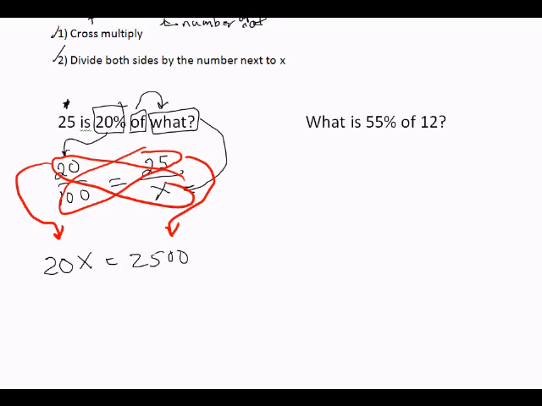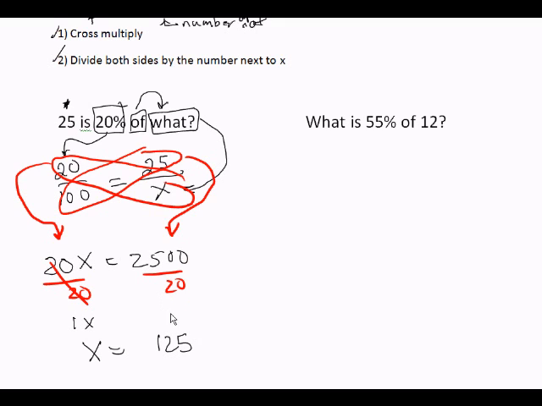Divide both sides by the number next to x. The number next to x is 20. I'm going to divide both sides by the number next to x. 20 divided by 20 is 1x. Another way of saying 1x is just x. And 2,500 divided by 20 on my calculator is 125.